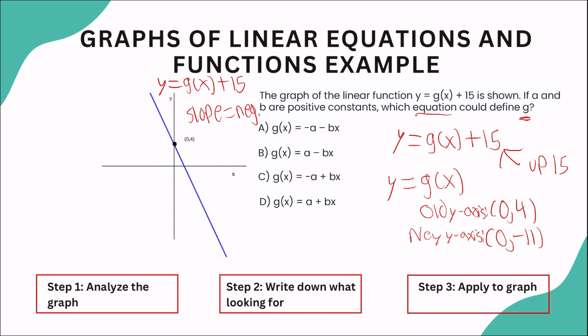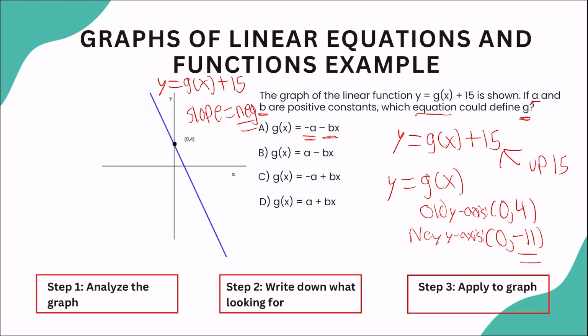And so putting these pieces of information together, while also knowing a and b are constants, I'm looking for an equation of g of x that has this negative slope and has a negative y-intercept, because we know that our new y-intercept is negative. So for me, I'm seeing a negative slope on a negative y-intercept on A, and the term next to the slope is negative too.